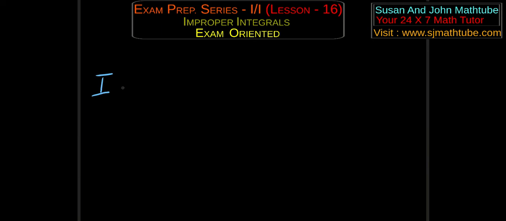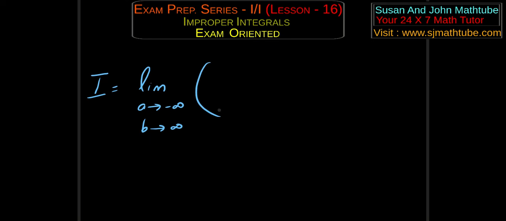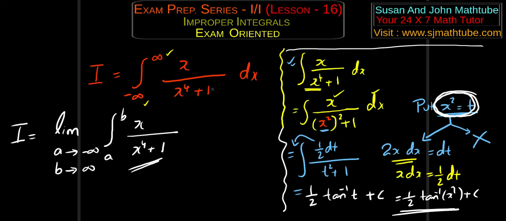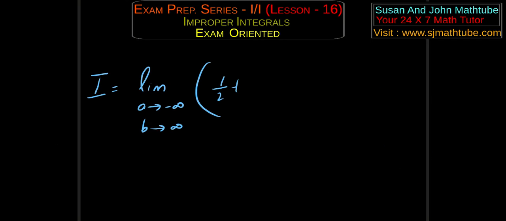So I end up with I is equal to integral limit a tends to minus infinity, b tends to infinity, integral a to b. Okay, we already know the integral value, so we are going to put, what's the answer? Yeah, 1 by 2 tan inverse x square within the limits a to b.